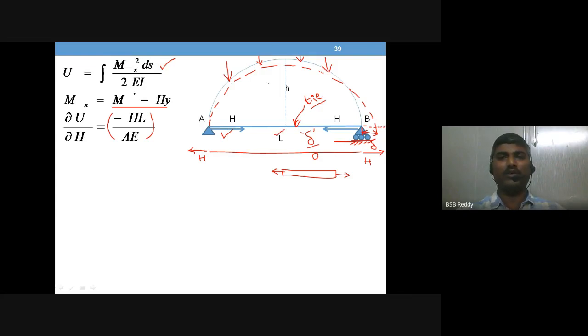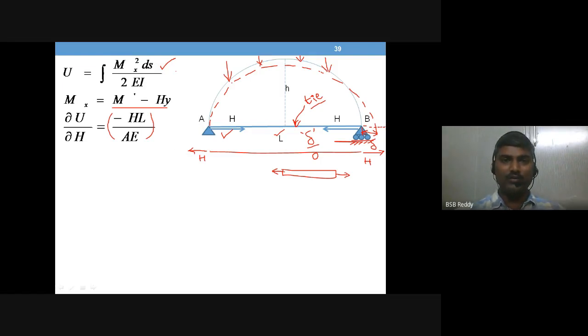Though you apply loads, the distance between the two hinges is fixed, because the hinges will not move in the horizontal direction. Now dou U by dou H is not equal to 0, because you have some change in length in the span of the arch. Okay, so that is what this is.